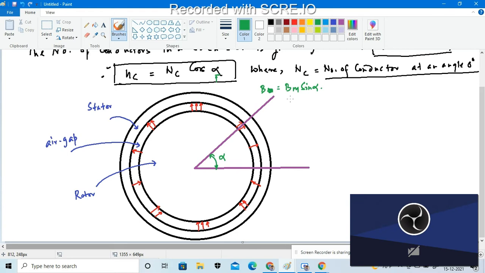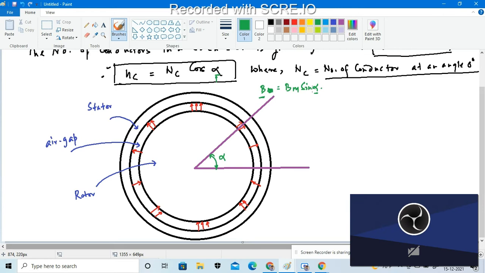If we look at the sinusoidal aspect of Hs and Bs of a stator side, that means if I draw a cylindrical rotor with a sinusoidally varying air gap flux density, we will also draw the magnetomotive force or the magnetizing field intensity as a function of the angle alpha in the air gap, and the flux density B as a function of alpha in the air gap.